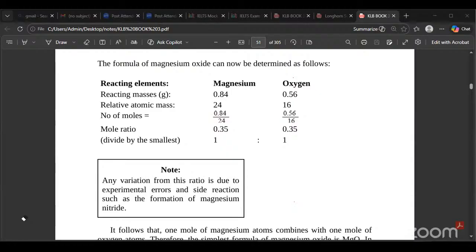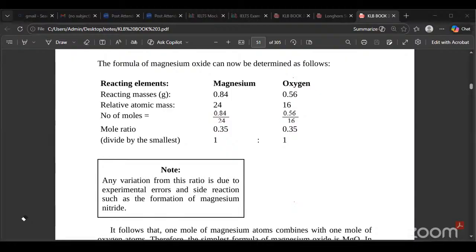We could get 0.6 for oxygen, and the mass of magnesium equals 0.9. That is because of experimental errors. The main error in our case is human error. Then we have the equipment error, because when you are doing the measurement it can cause problems.